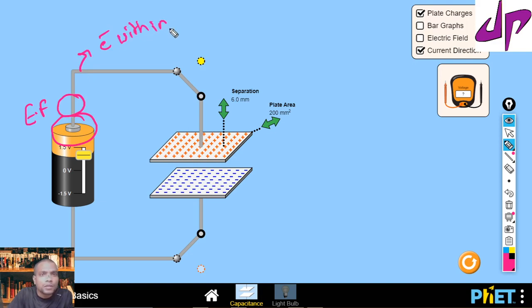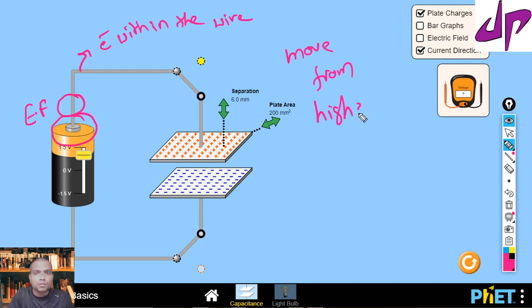Electrons have the tendency to move from higher potential to lower potential.